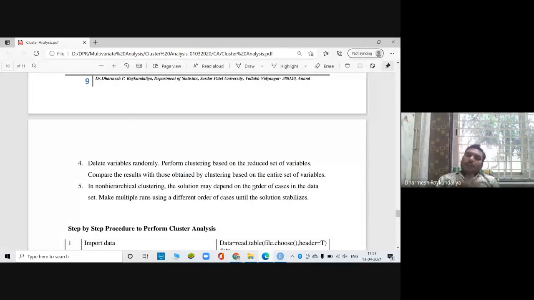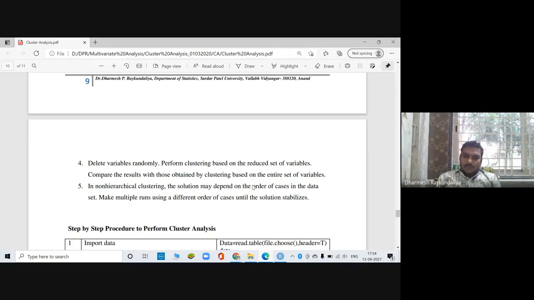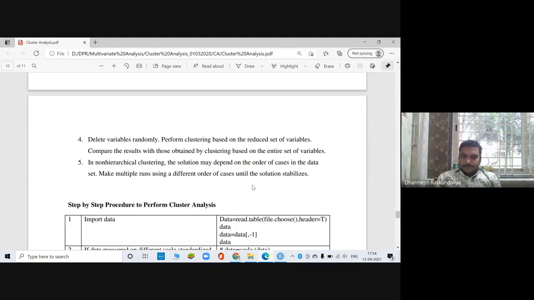Another is that you delete one variable and perform the clustering on the rest of the variables, then perform it on all variables and compare. Or you can also compare based on, as I told you, the within variance and between variance. That we will see.